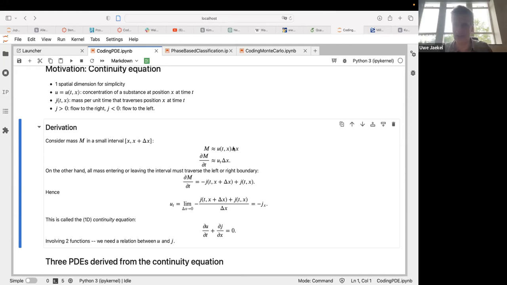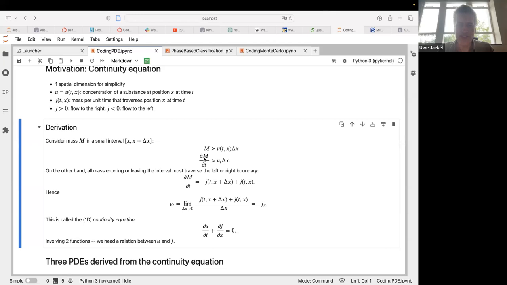In a three-dimensional world, it would be mass per cubic centimeter, for instance, and in a one-dimensional world, it's mass per centimeter. So the mass in this interval will be, to a very good approximation, u, the concentration at time t and at position x, times delta x.